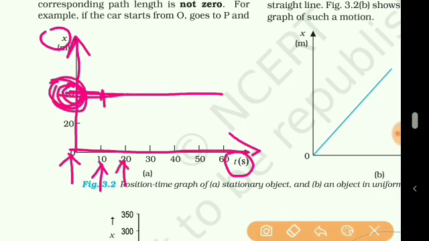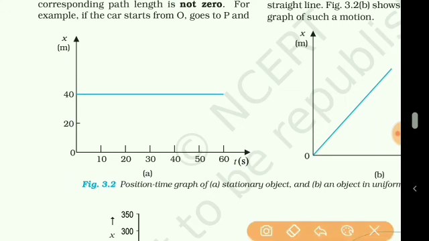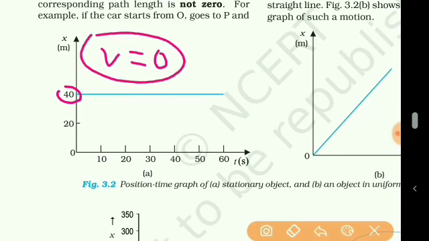So in that case we can say that the particle remains stationary at this position. It does not move at all. So stationary can also be considered as a uniform motion, but here the velocity is 0. Motion is uniform with 0 velocity.